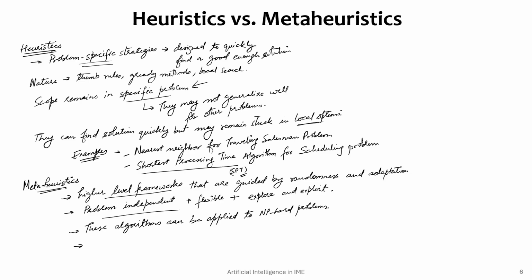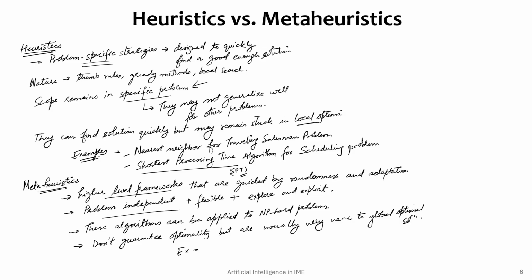Now these meta heuristics don't guarantee optimality, but are usually very near to global optima. So an example is the genetic algorithm, which we will learn today.